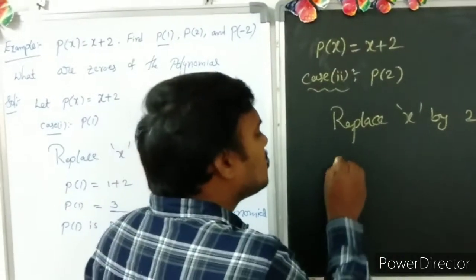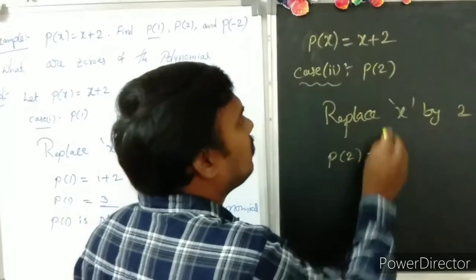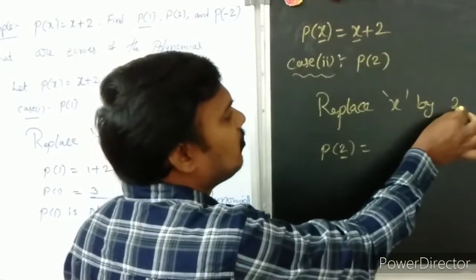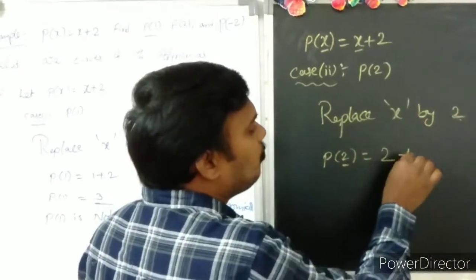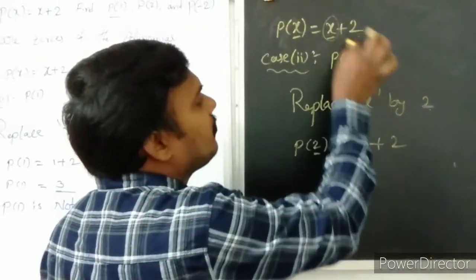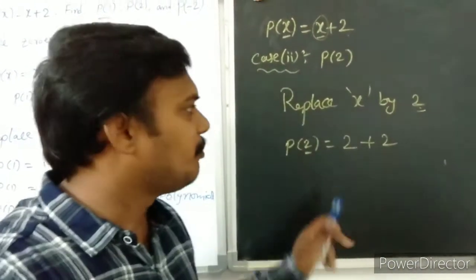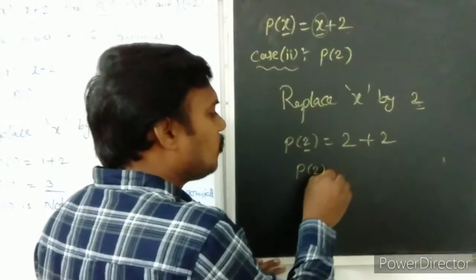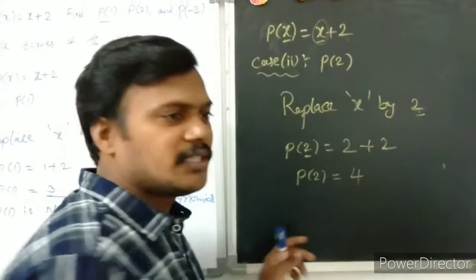So p of 2 equal to, in place of x, we have to replace 2. 2 plus again we have 2. Why? Where the x place is, we have to substitute the value 2. Replace x by 2. So the value here is 4.